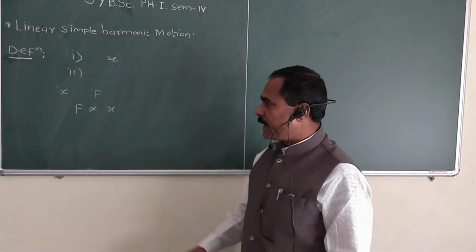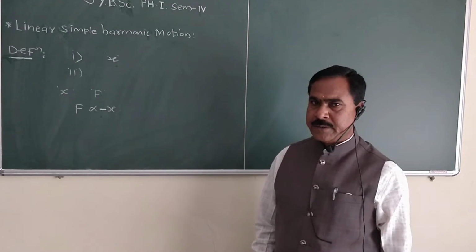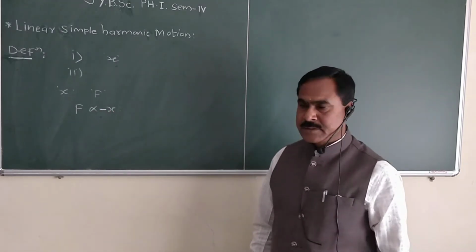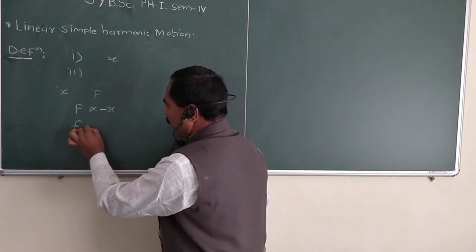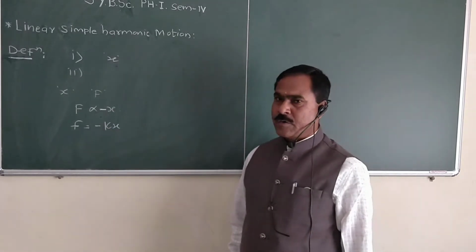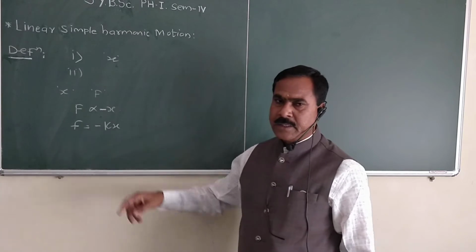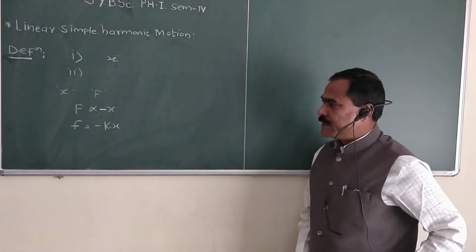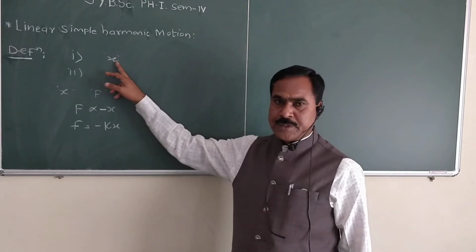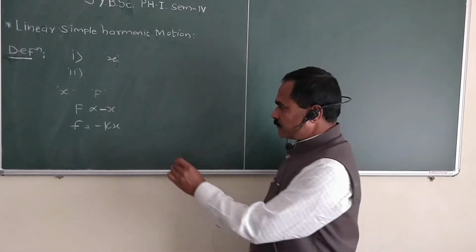And due to the second criterion, it is opposite to the displacement. So F is directly proportional to minus x. Right, here F equal to minus kx, where k is the constant of proportionality. So this is the force called the restoring force, which is directly proportional to the displacement of the body from its mean position and directed opposite to the displacement.